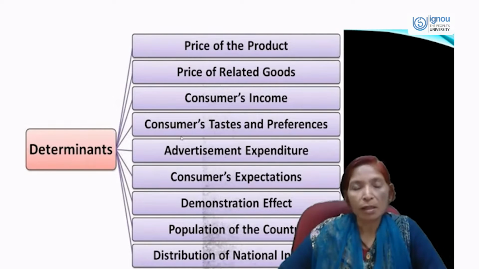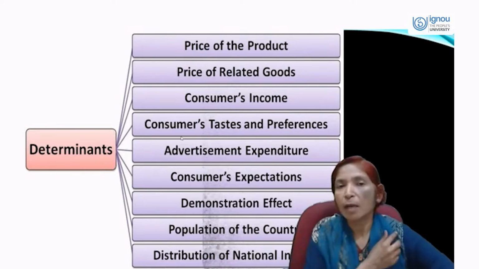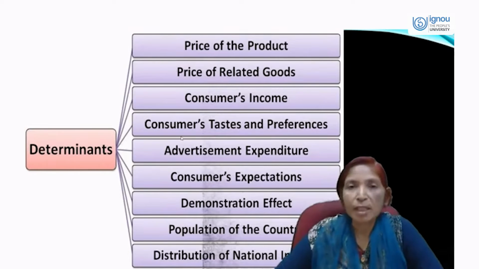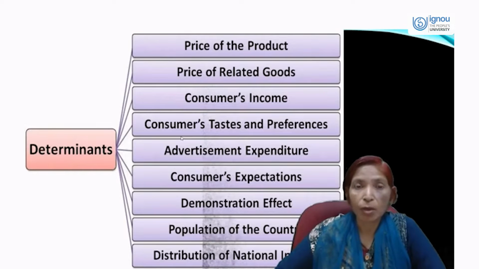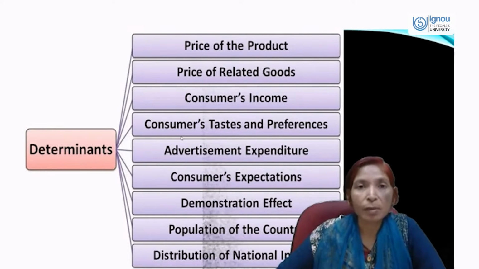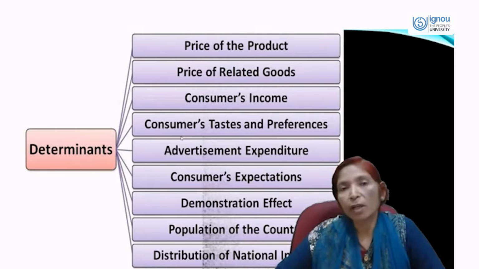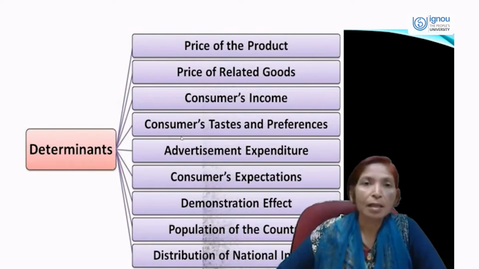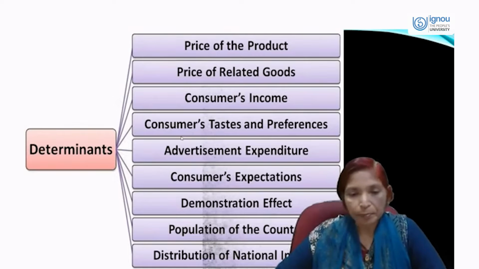Sometimes people demand a commodity because they are affected by the demonstration effect. So if you are influenced by other people's demand or choices, your demand will also increase. In this case, demand is directly affected by the demonstration effect.